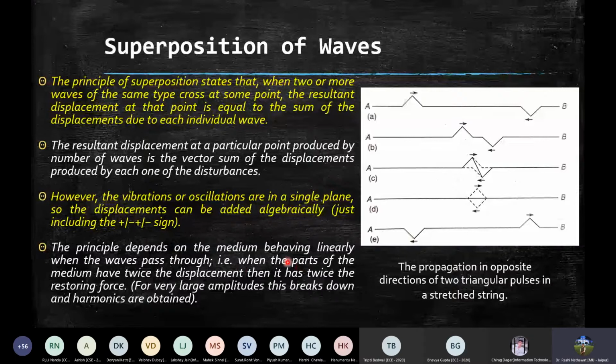If the medium behaves linearly, when the wave passes through, when a part of the medium has twice the displacement, then it has twice the restoring force. We are not going to discuss the forces here, but we need to understand how to calculate the displacement, which is simply the algebraic sum.